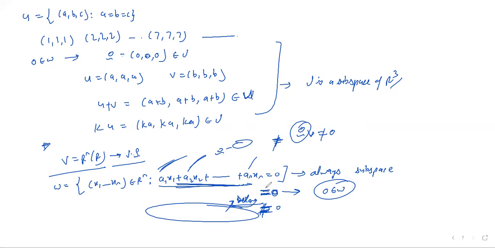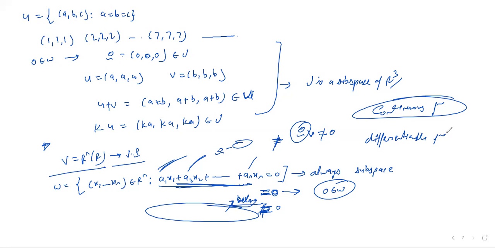Now, consider the vector space of all real-valued functions. The set of all continuous functions and the set of all differentiable functions will form vector spaces. How? Let's see. Let f belong to the function space, with f(x) = 0.